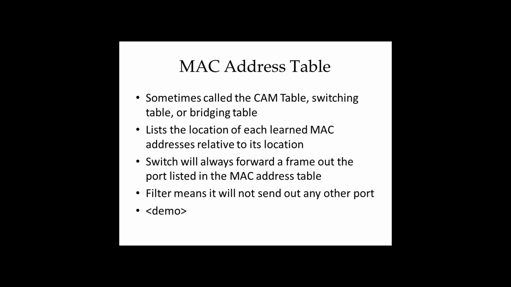This is a pretty big deal with switches, and it's how switches are so efficient and so fast, because they just send that frame out the very specific port that it needs to go, unless it's a broadcast or flooding, which we'll talk about in a moment. So there's no needless sending it out to all the other ports like the hub does.